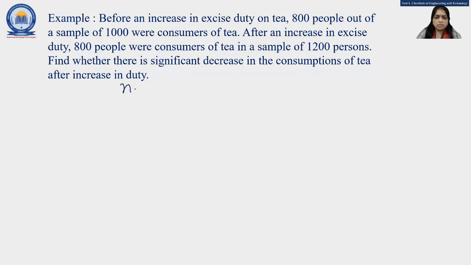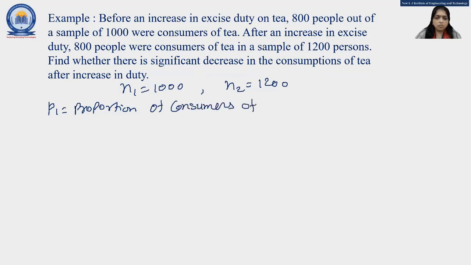So N1 is 1,000 and N2 is 1,200. P1 is the proportion of consumers of tea before increase in excise duty, and that is 800 by 1,000, so that is 0.8.